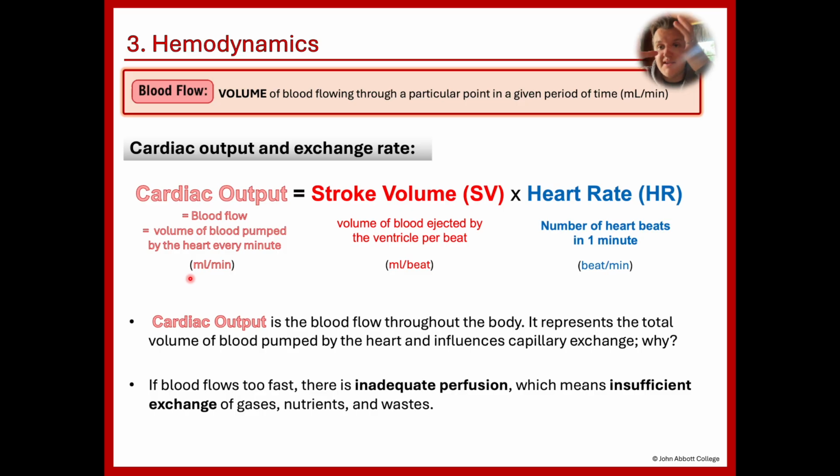So in 1 minute, if you took a little cup, right, and you put it right under the artery, the big artery that's coming out, and you collected all of that blood in 1 minute, that would give you a certain amount of milliliters in that 1 minute, right? You would measure how many milliliters it is, and that is what cardiac output is. It's the output from the heart, from the cardiac, right? So that's the volume of blood pumped by the heart every minute. This is a measure of flow. You're measuring how much is exiting, right?